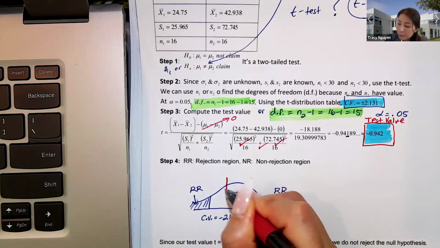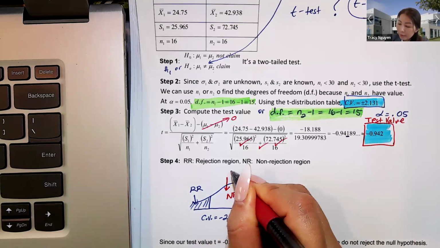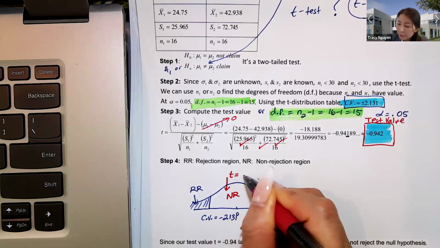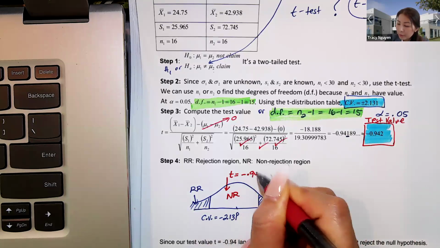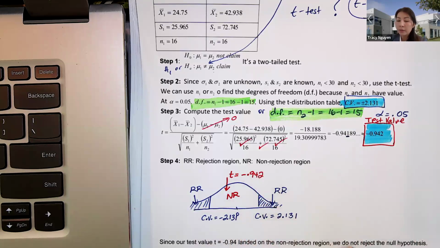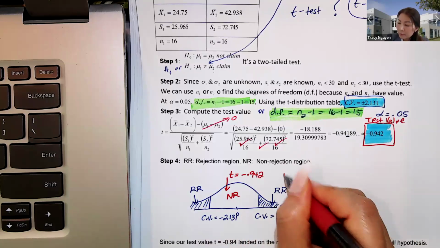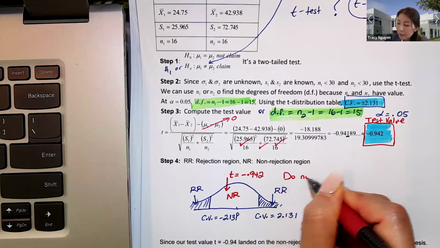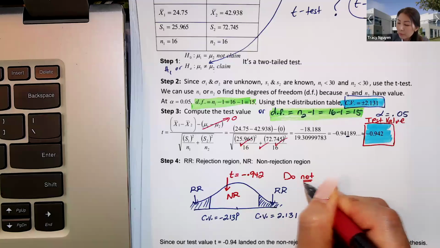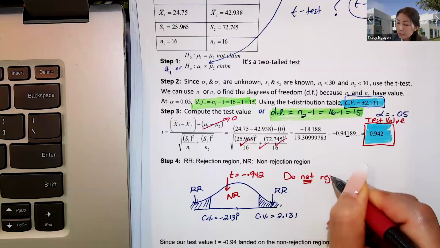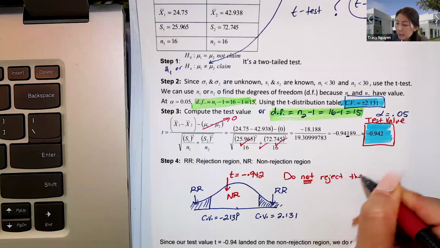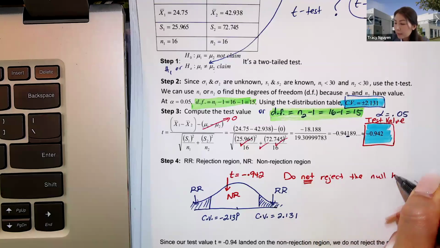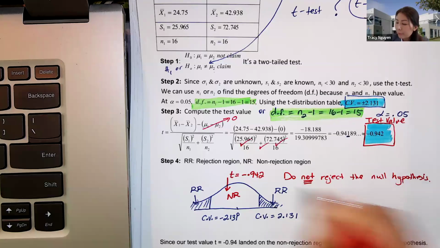So here is what we have for t equals negative 0.942. t landed on the non-rejection region, meaning that when we make our decision, we're going to say do not reject the null hypothesis. So this is our decision for step 4.